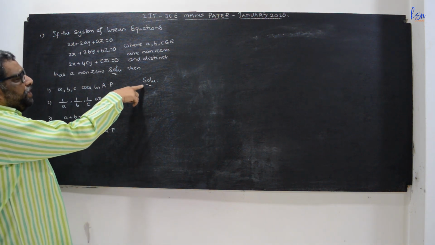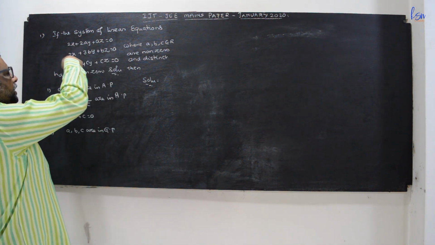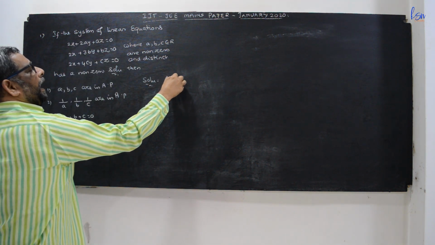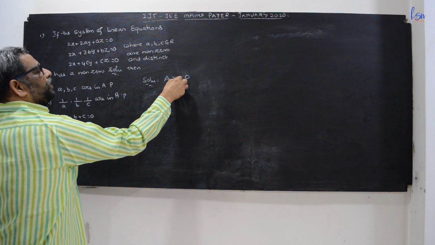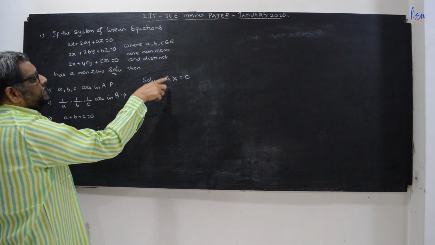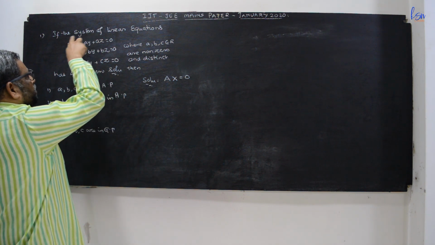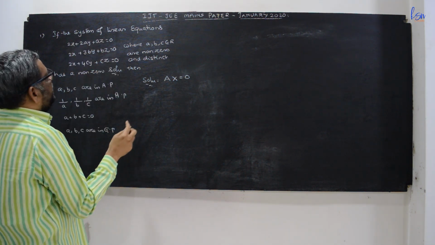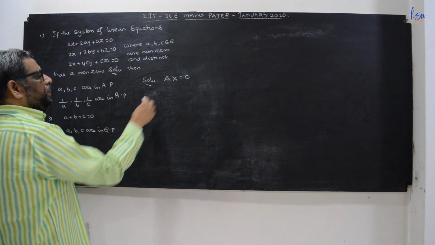Now, we'll look at a solution. Here, this particular system can be expressed as Ax = 0, where A is a 3 by 3 matrix obtained by taking the coefficients of x, y, z in the given equations.